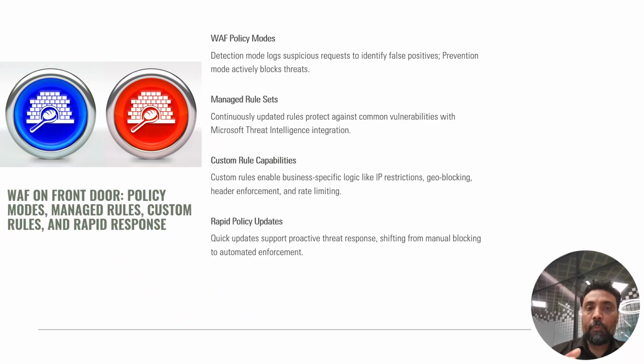When we talk about WAF policy operation, there are two modes: detection mode and prevention mode. Detection mode logs suspicious requests and helps identify false positives, whereas prevention mode actively blocks malicious traffic. WAF is used for managed rules, which protect against common vulnerabilities, and custom rules as well: IP restrictions, geo blocking, header enforcement, rate limits.